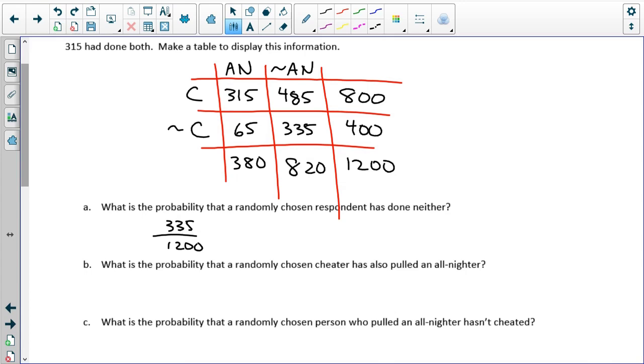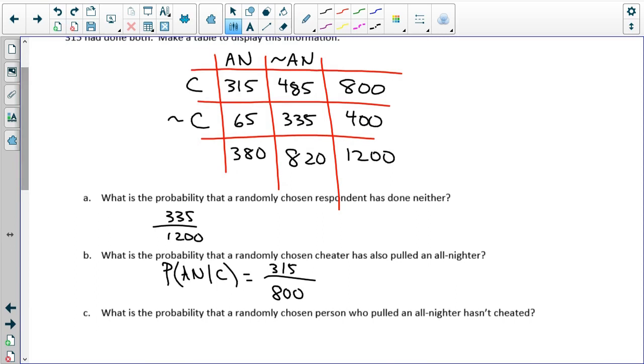What's the probability that a randomly selected cheater has also pulled an all-nighter? So that's the probability of all-nighter given cheating status. So given cheating status would be 800. Pulled an all-nighter as well would be 315. So I'm just looking at that row in that case.